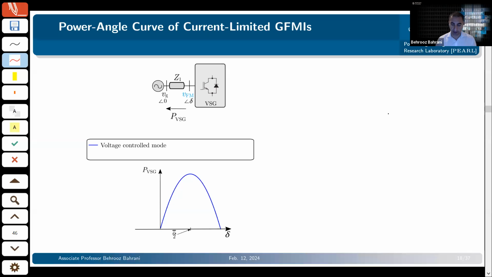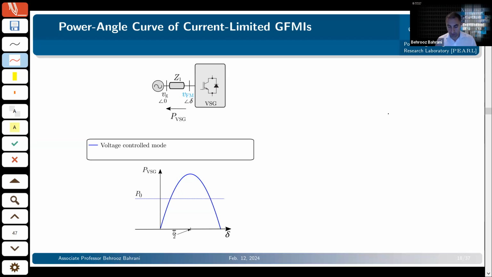How? Let's assume that we've got this grid forming inverter and we are hoping to look at the power angle curve for it while we are subjecting this particular grid forming inverter, or this VSG, to a fault. If everything stayed in the voltage control mode, then we would have a curve like this, similar to a synchronous generator.